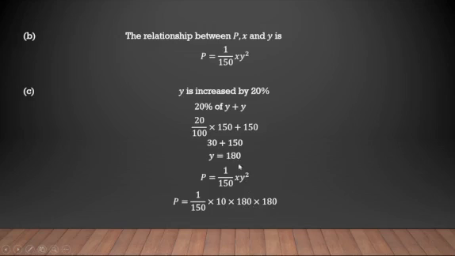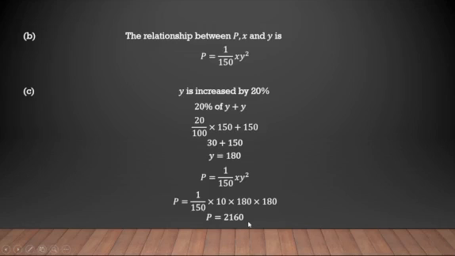Don't forget, we have found the new value of Y that we are to use to be 180. Now, using your calculator, you can simplify it further, and P is equal to 1160. With this, we have solved the first example.